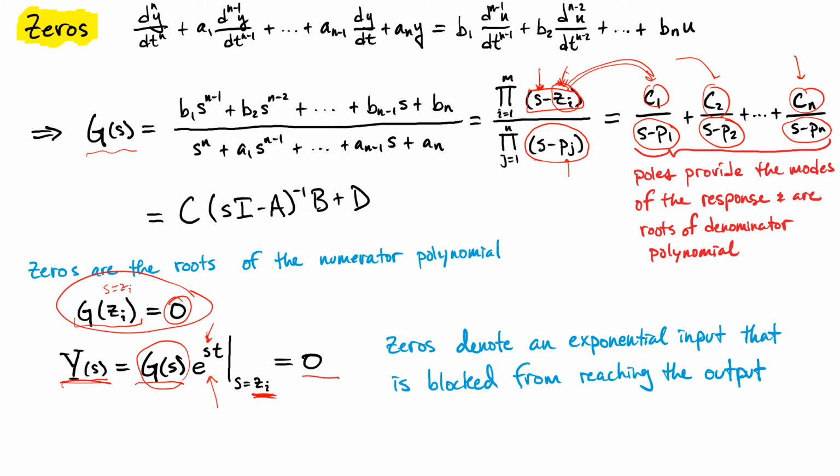And so one way of interpreting a 0 is that zeros denote the exponential inputs that are effectively blocked from reaching the output.